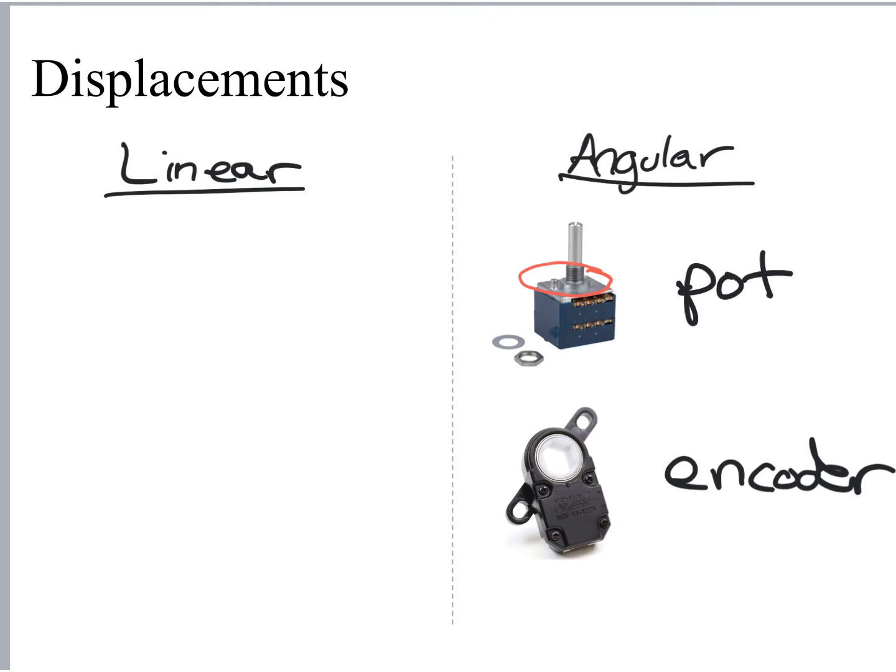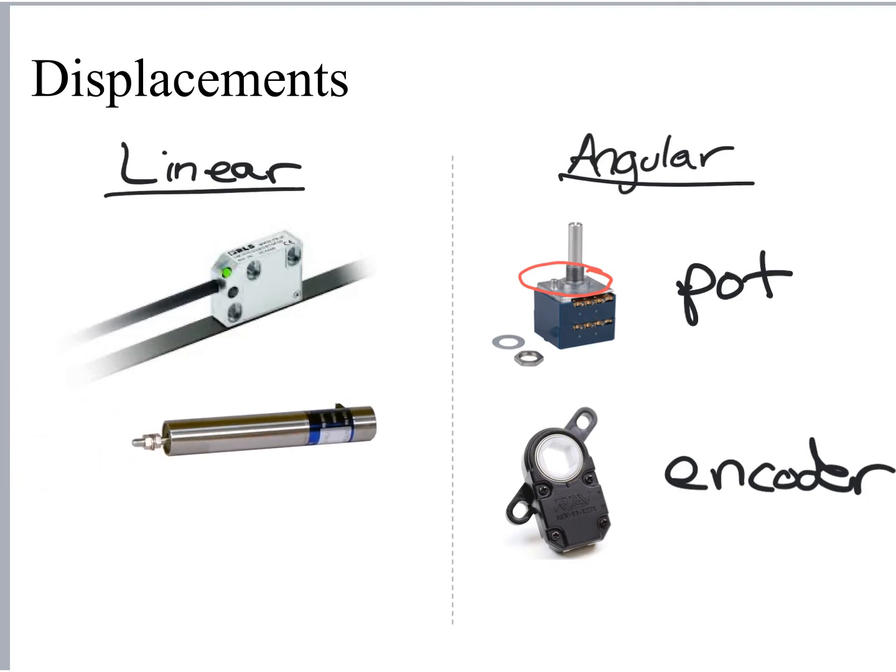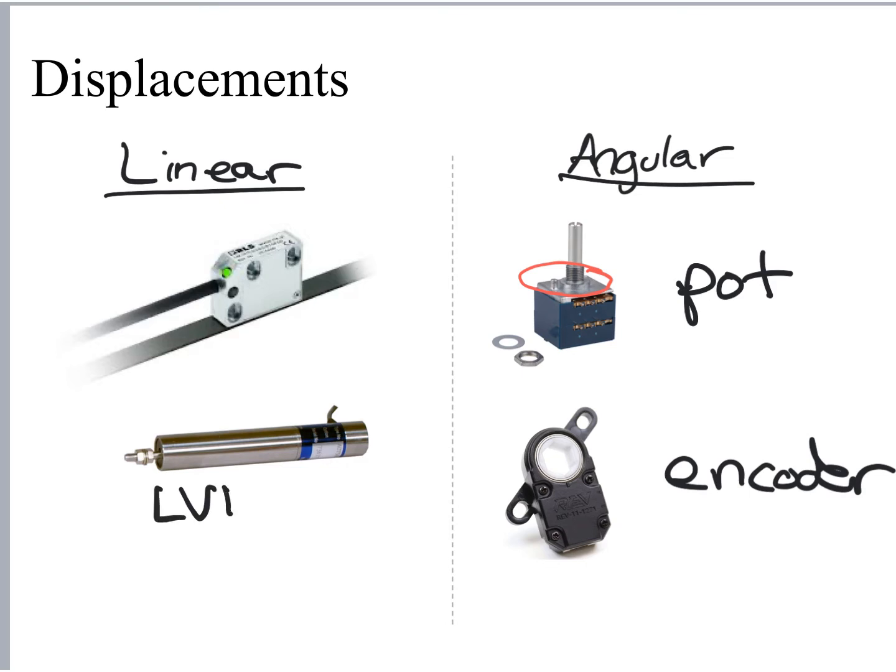We've talked about having encoders, so here's a linear encoder. In your book, you saw the LVDT, which is a particular coil technology that allows you to measure the displacement of something.